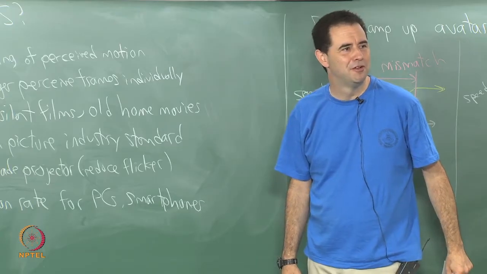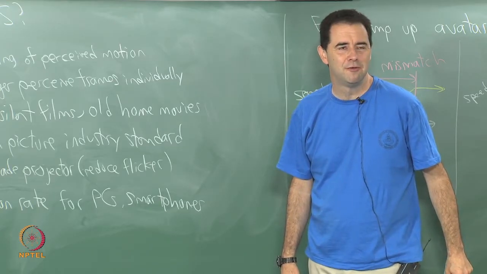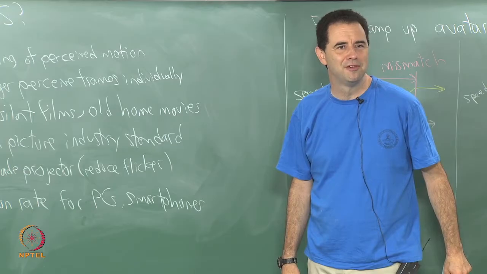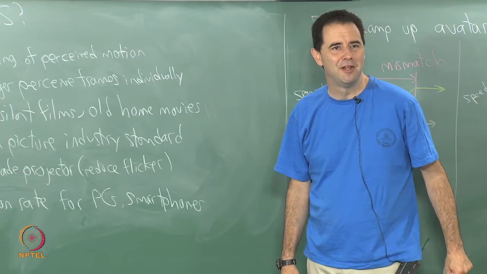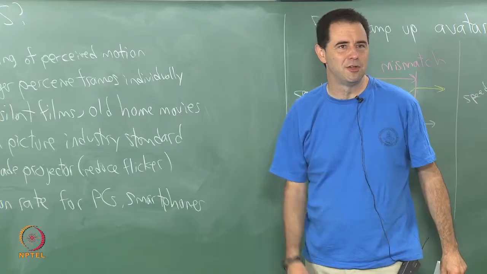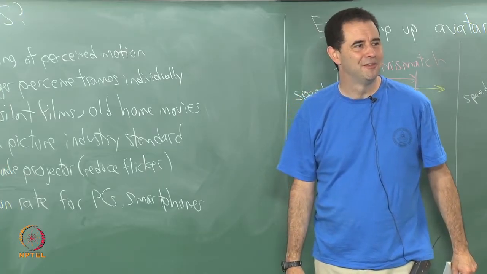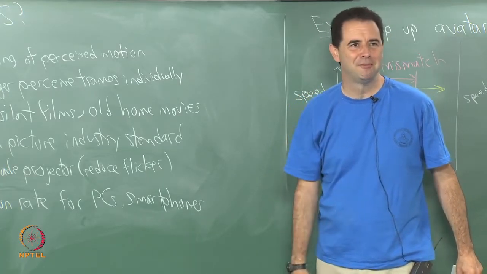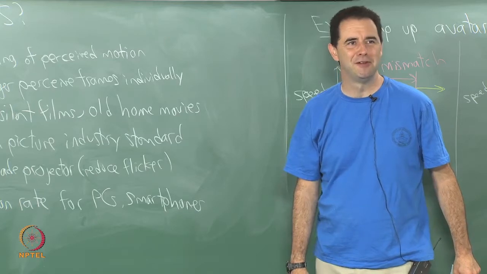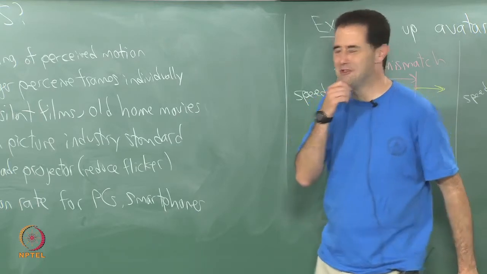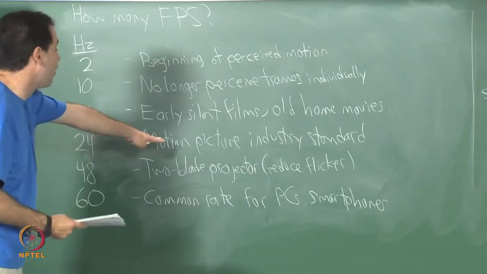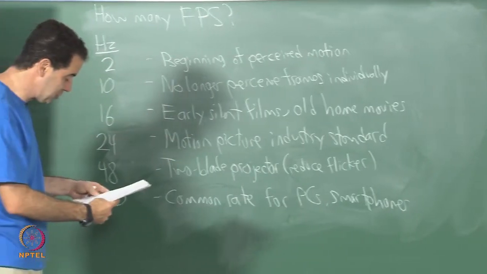PAL television? 25 frames a second, I think, right? And NTSC, which we used in the US, is 30 hertz. So I think 25 was PAL. Okay, I see Professor Monty's nodding. Some of the older folks know, right? So I think that's very close, just more than it needed to be for the motion picture industry standard.